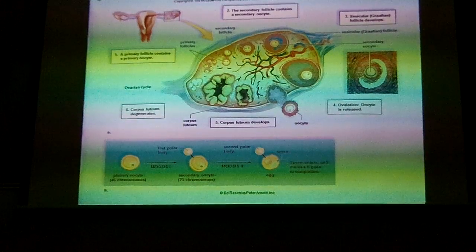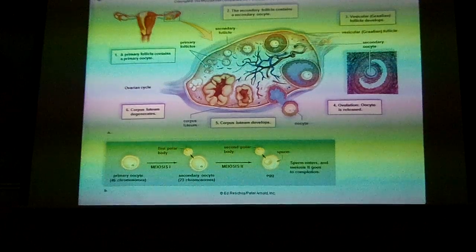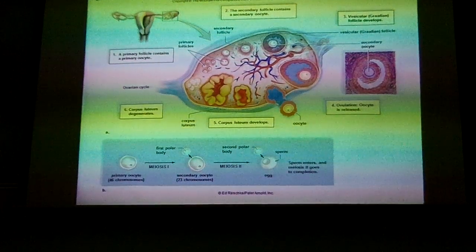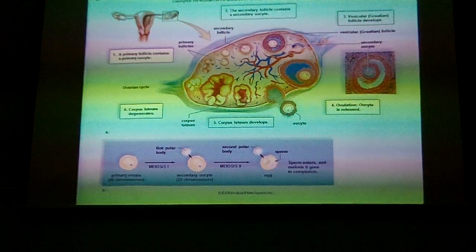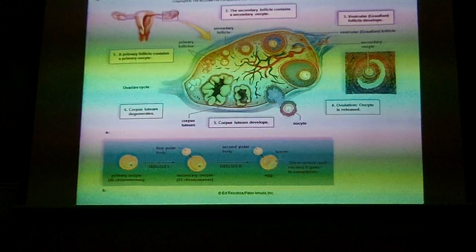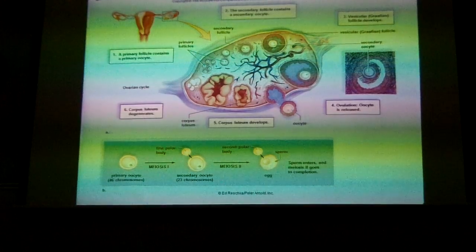Now, the pituitary on about day 14 of your cycle will put out a surge of another hormone called LH. LH stands for luteinizing hormone. You don't have to know the names of these hormones. LH is good enough.